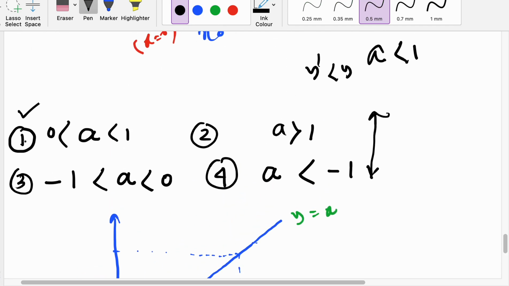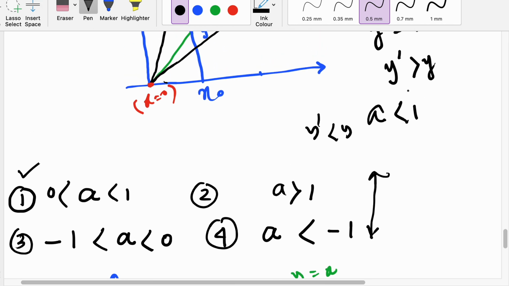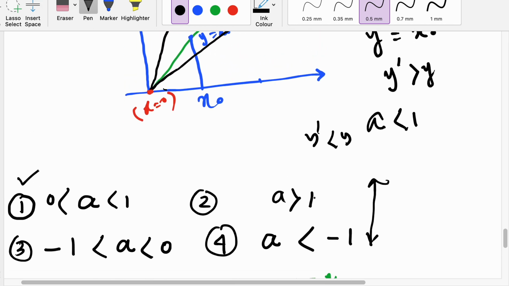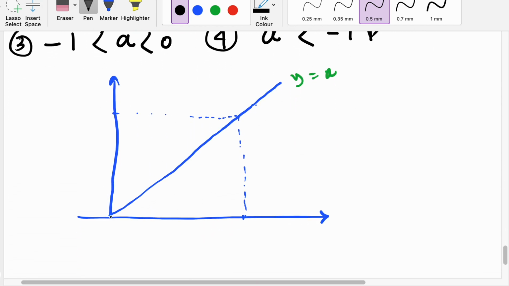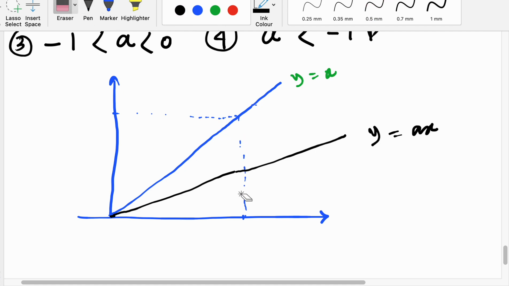Now a is less than 1, and we drew that if a is less than 1, that curve will be below this curve in the positive coordinate. So this will look like that. This will be y equal to ax.